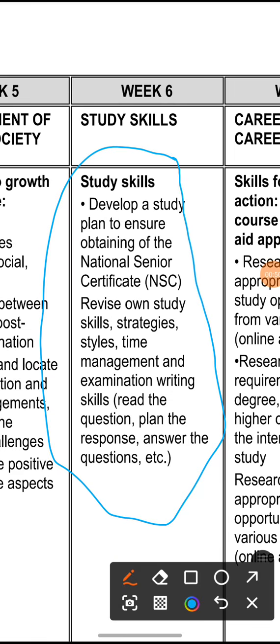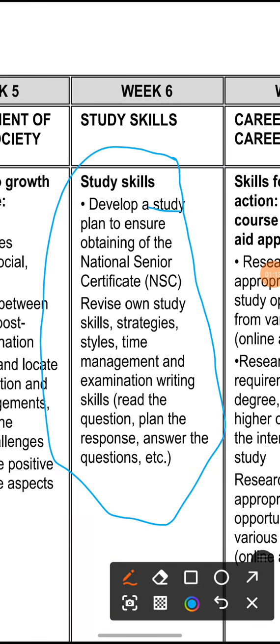I know you've been doing them since grade 9 and grade 10 in life orientation. Even here in grade 12, you are still going to be doing study skills. So bullet number 1 says: develop a study plan to ensure obtaining the national senior certificate.